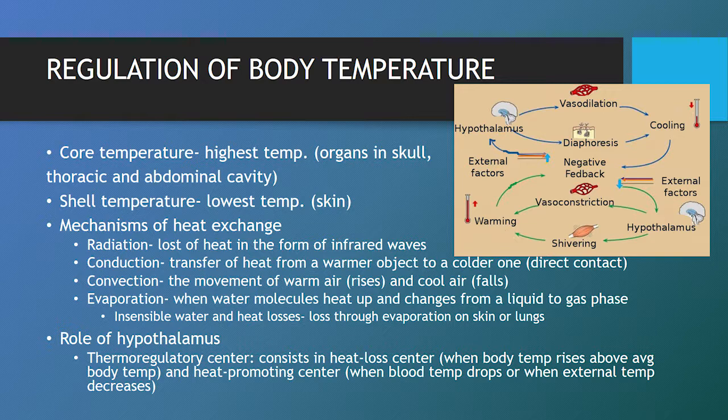And then the role of the hypothalamus: it controls the thermoregulatory centers. So it consists of the heat loss center when the body temperature rises above average, and the heat promoting center when the temperature drops below average.